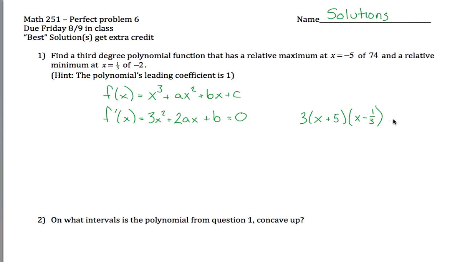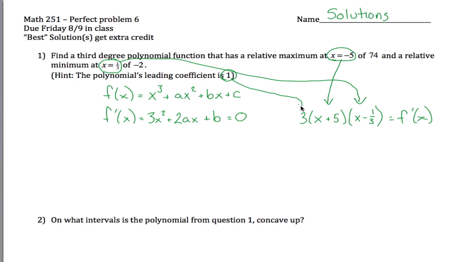That is, f prime of x must be equal to 3 times x plus 5, that's using this fact, times x minus 1/3, using that fact. And because the leading coefficient is a 1, we need to put a 3 up here, because the leading coefficient of the derivative has to be a 3.